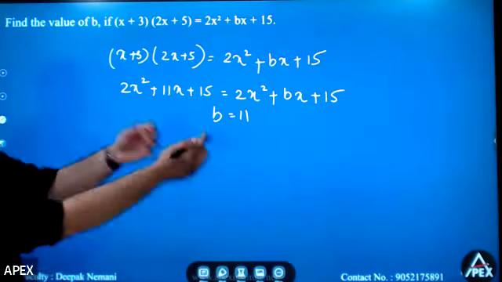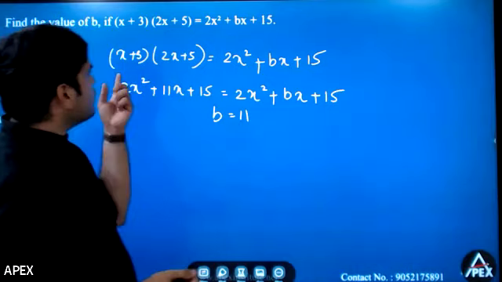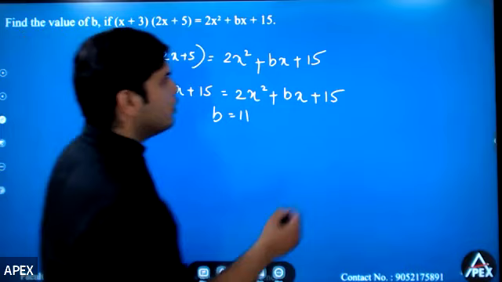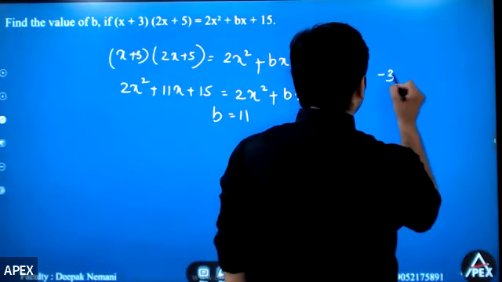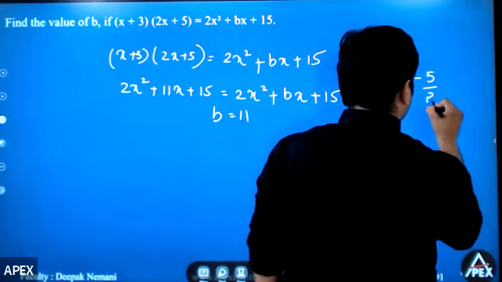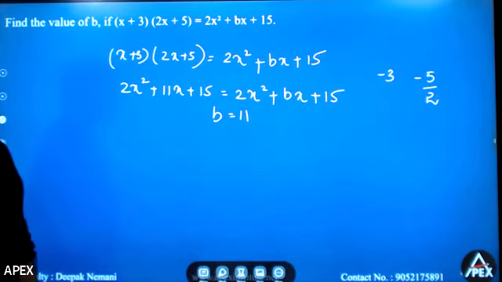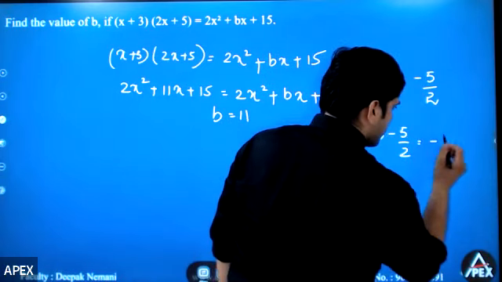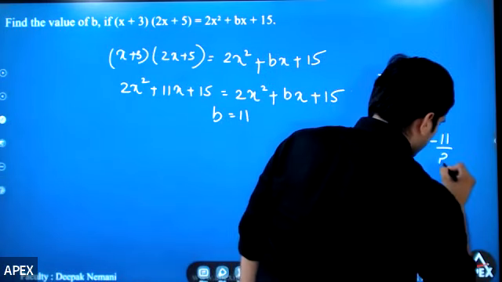Or what are the roots of this quadratic equation given that (x plus 3) into (2x plus 5) is equal to 0? Roots are minus 3 and minus 5 by 2. Now what is the sum of these two roots? Minus 3 plus minus 5 by 2, which is equal to minus 6 minus 5, minus 11 by 2.